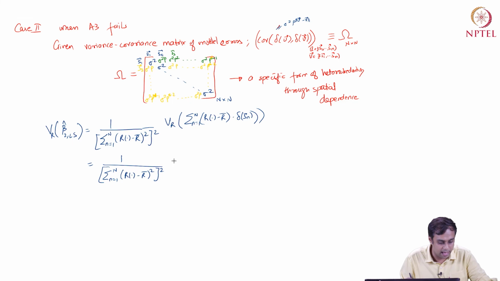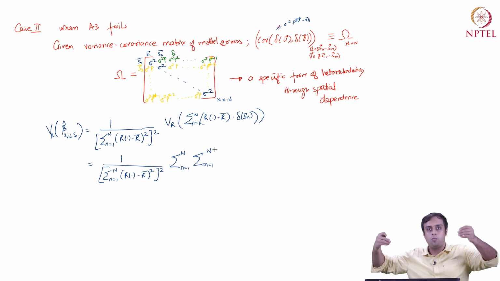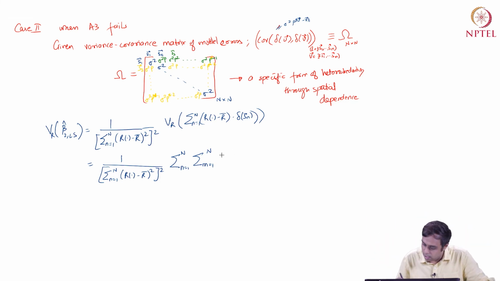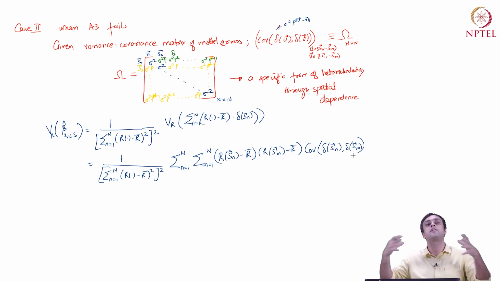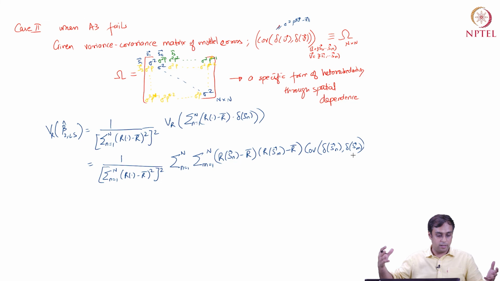I'm going to write this as the summation n equals 1 to N and summation m equals 1 to N, so I'm moving u's and v's one by one, of (r Sn minus r bar)(r Sm minus r bar) times the covariance of delta Sn, delta Sm. This is the most general form of the variance of beta 2 hat OLS.